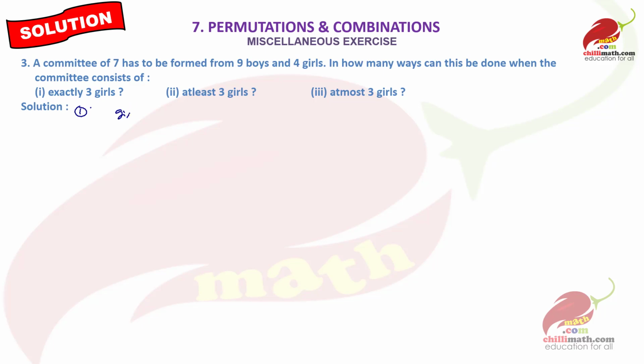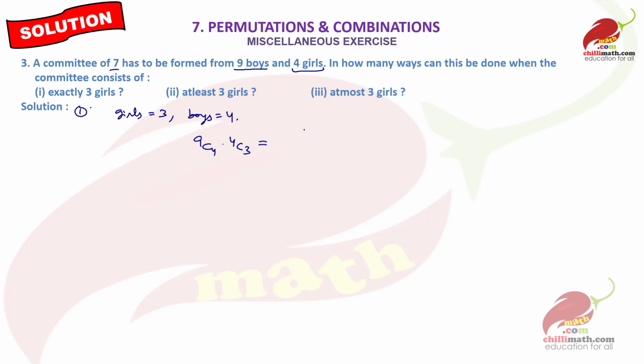That means girls 3, but total we need it to be 7, so boys will be equal to 4. So total we have 9 boys, out of 9 boys we need 4, that is 9C4, into out of 4 girls we need 3 girls in 4C3 ways.